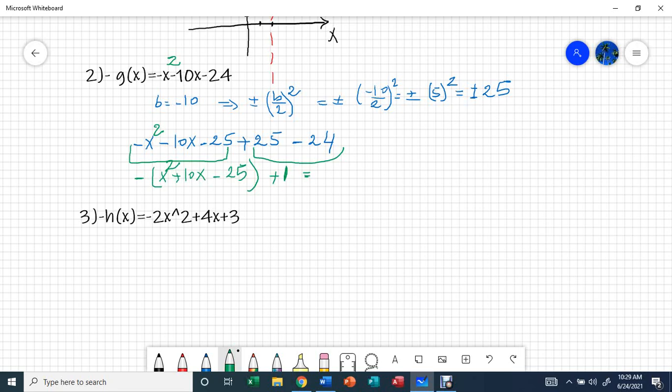Now I can factor this nicely as x plus 5 squared, so this should be plus 25, plus 1. You see, now I have a nice form, which gives the vertex.